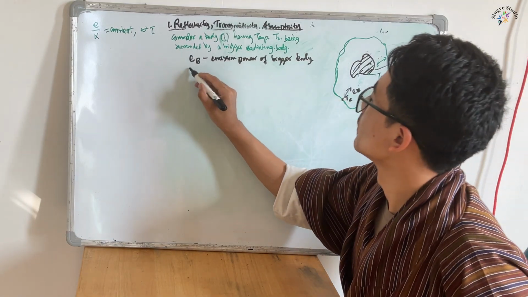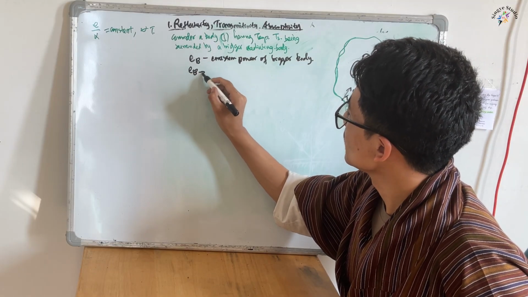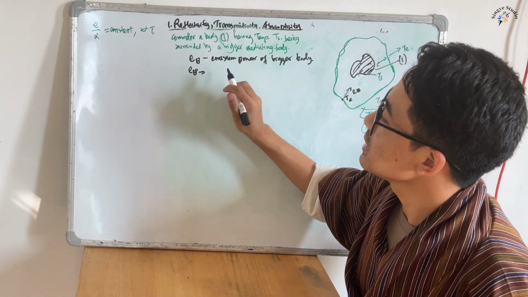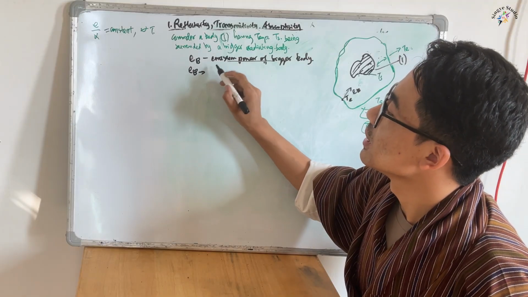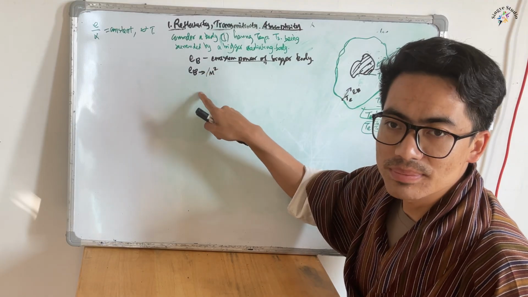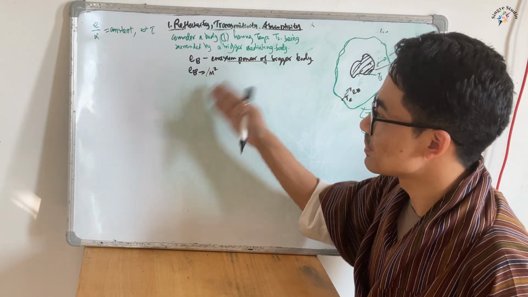So if EB is the emissive power, which means it is the heat radiant per area, right? Emissive power is always radiant flux. So flux is per area, no?